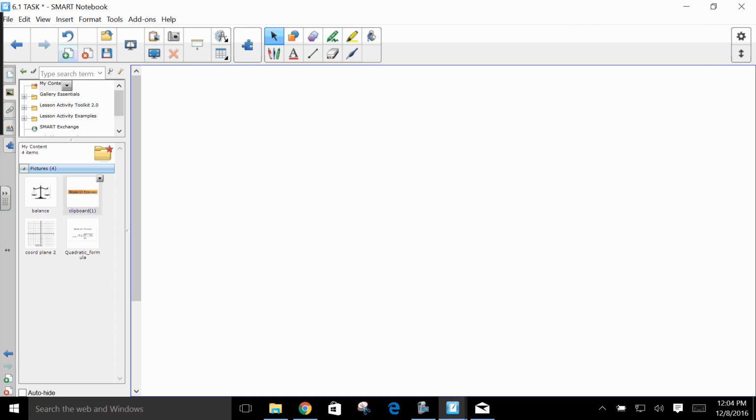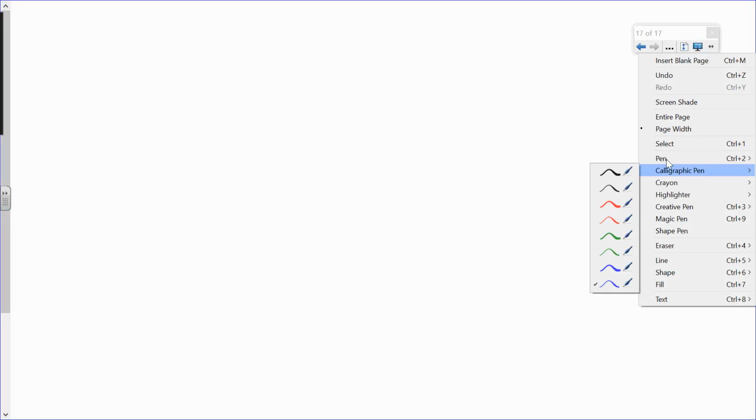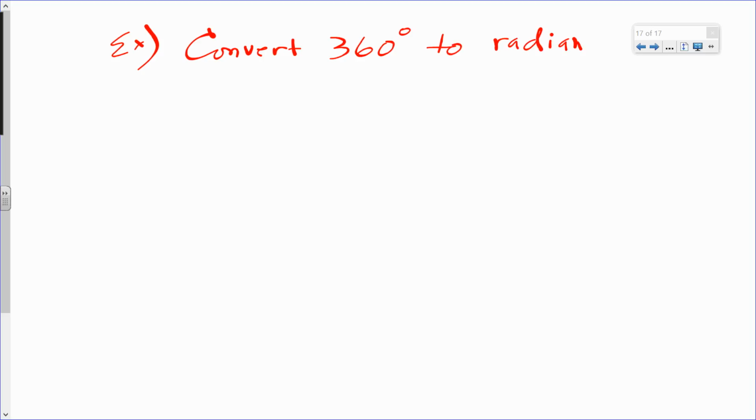Example 1. Convert 360 degrees to radians.